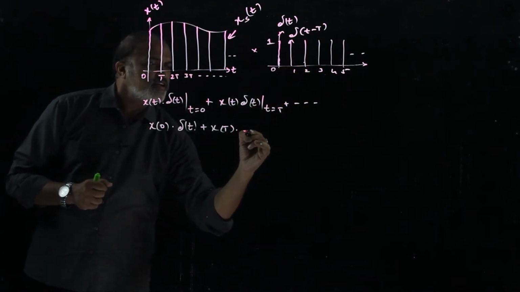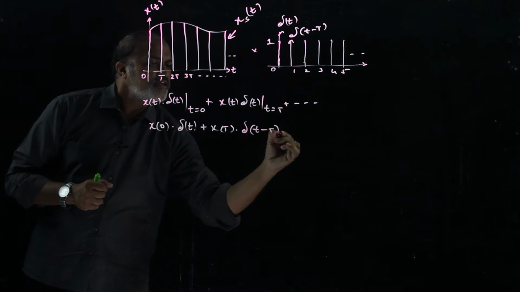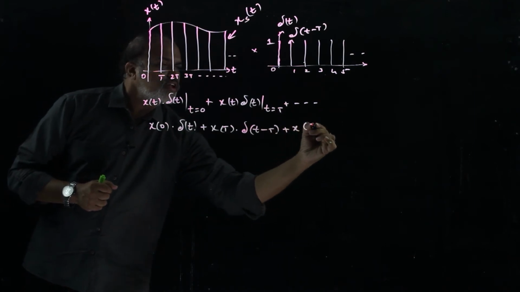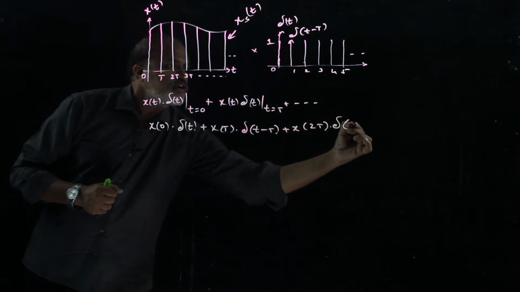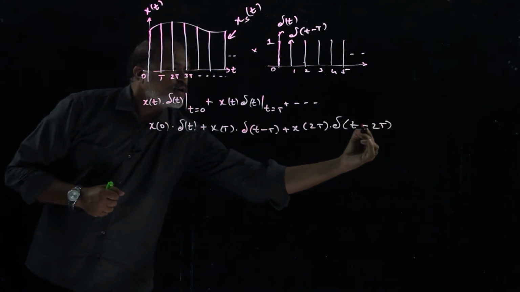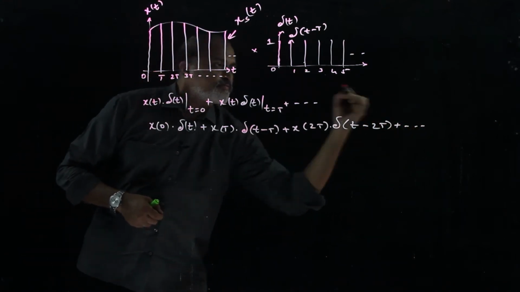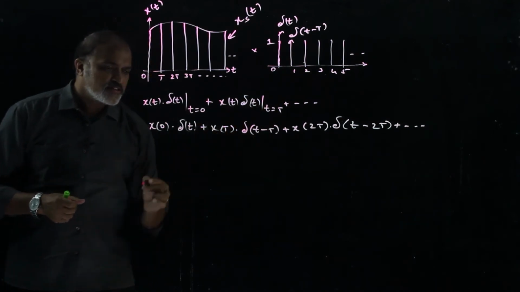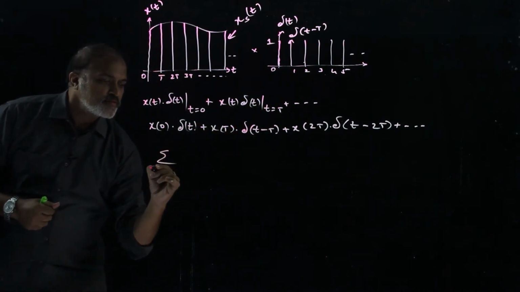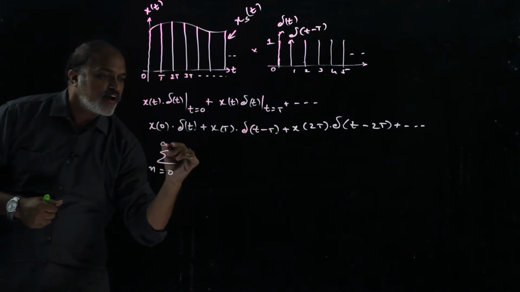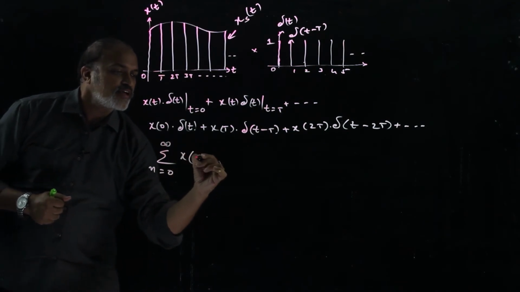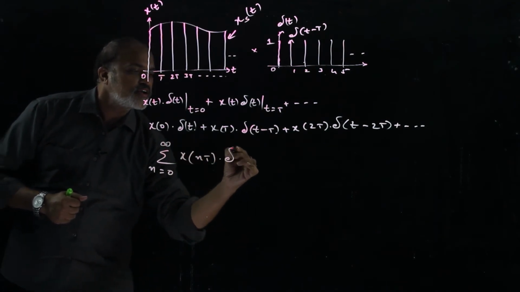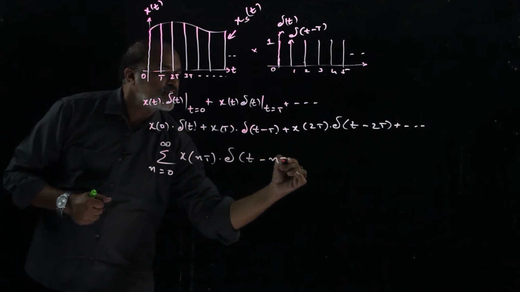So it can be written as delta of t minus T and so on, like x of 2T into delta of t minus 2T, and so on up to infinite times. Now we can summarize the sum of all these products as sigma n equals 0 to infinite x of nT into delta of t minus nT.